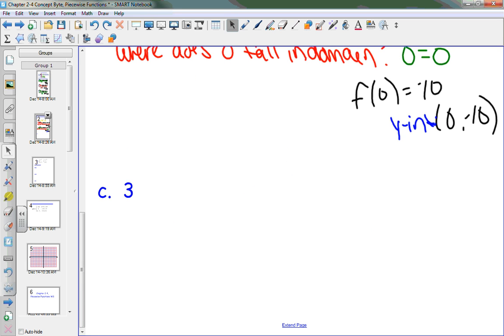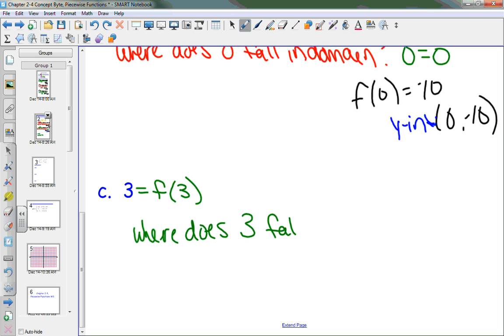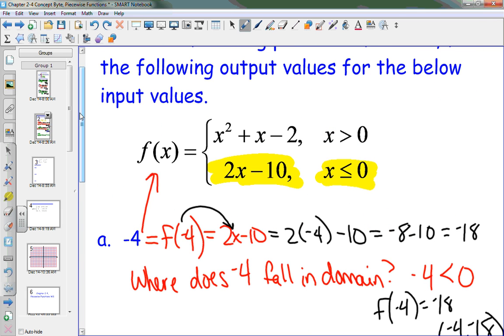Next one is c at 3. That means I'm doing f at 3. So where does 3 fall in the domain? I'm comparing it to 0. 3 is greater than 0. Which function am I using? Well, if it's greater than, I want this one right up here, x squared plus x minus 2.